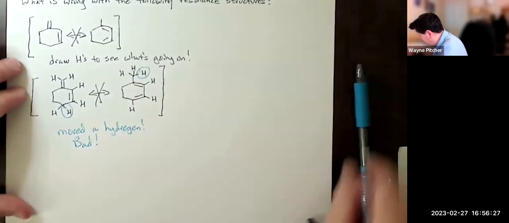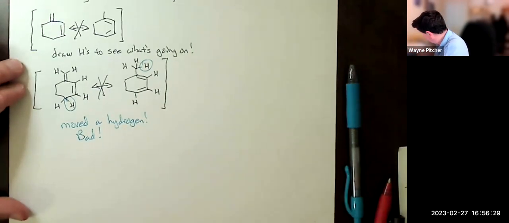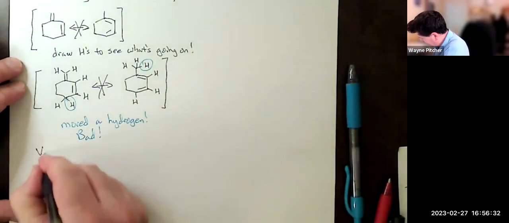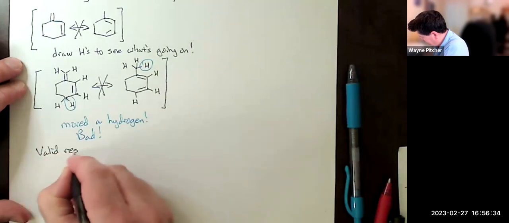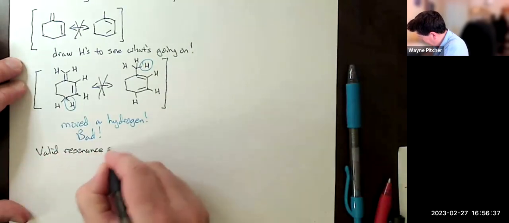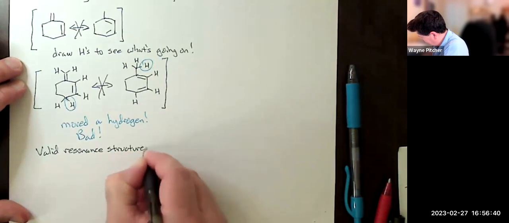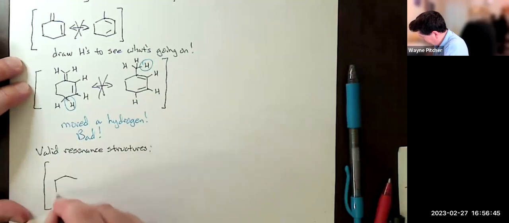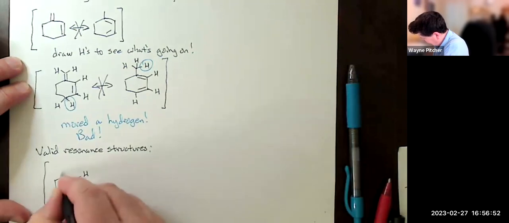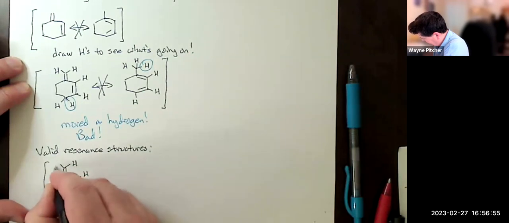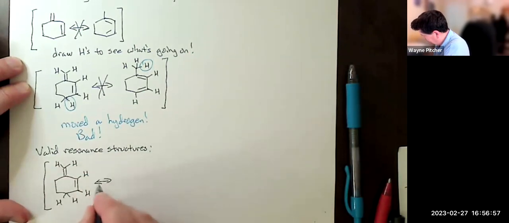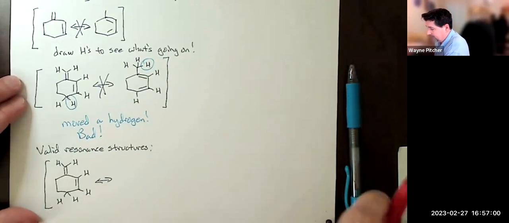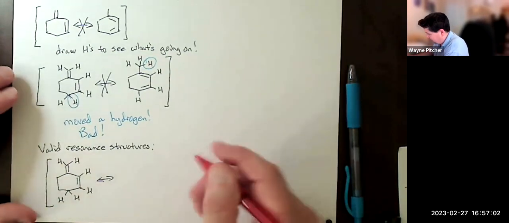Now, what would a valid resonance structure look like? Well, I'll go ahead and grab my red pen here and push some electrons around.